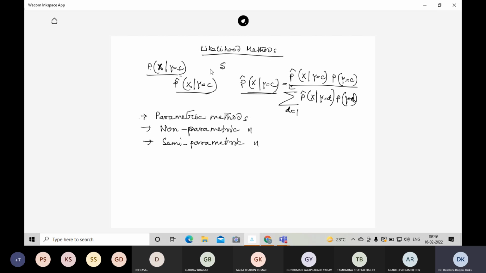So from this likelihood we can estimate the probability p cap of feature vector x given y equals c. Okay, so similar to the Bayes classifier, we can get this in terms of likelihood and marginal probability.